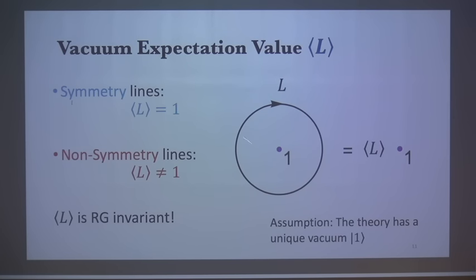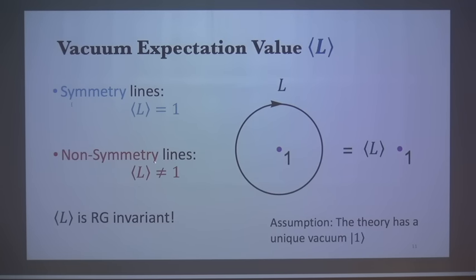In the case of a symmetry line, since the vacuum is invariant under the global symmetry, by assumption, the VEV has to be 1. I have to say that in the case when there's a 't Hooft anomaly, this definition needs to be refined a little bit. But I will not talk about the case of 't Hooft anomaly today, so I will stick to this slightly sloppy definition.